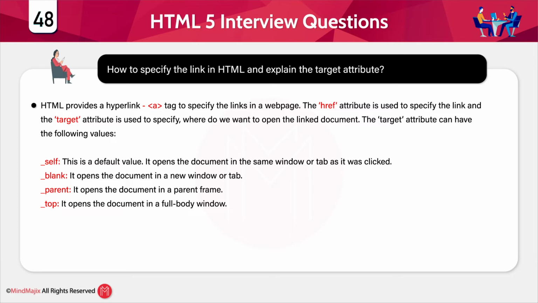The value _self is the default; it opens the document in the same window. _blank opens the document in a new window or a new tab. _parent opens the document in the parent frame. _top opens the document in the full body window.